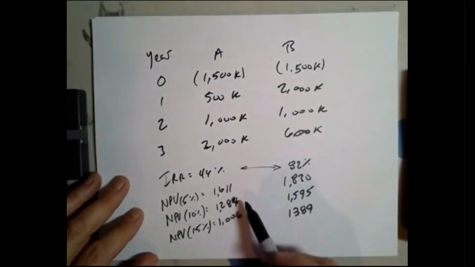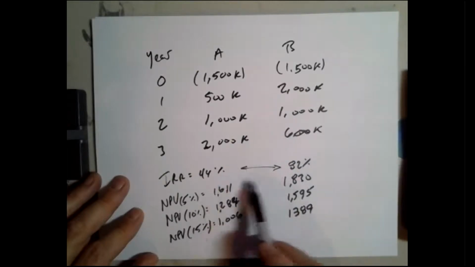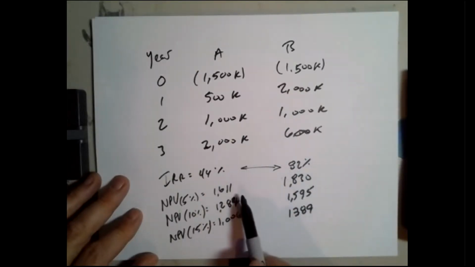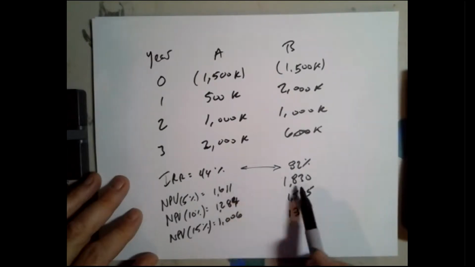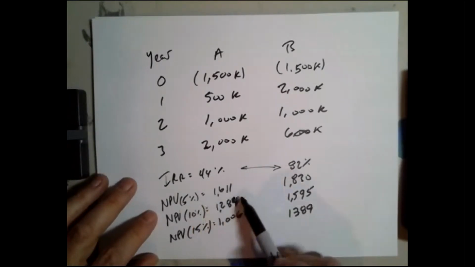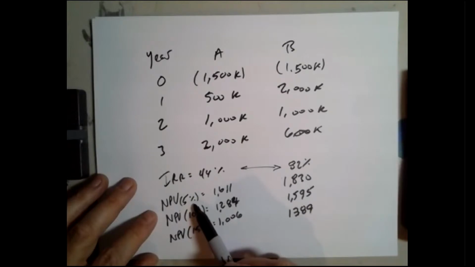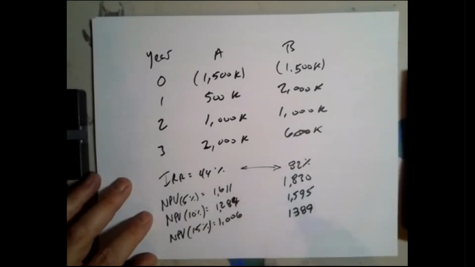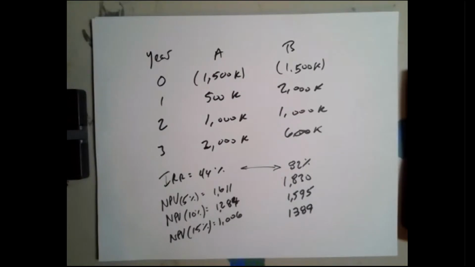And then we go down here, and again, this repeats itself as you would expect because of the difference in the IRRs. As you increase the discount rate, you would expect to see NPVs decreasing because you are holding a higher threshold for doing the project.